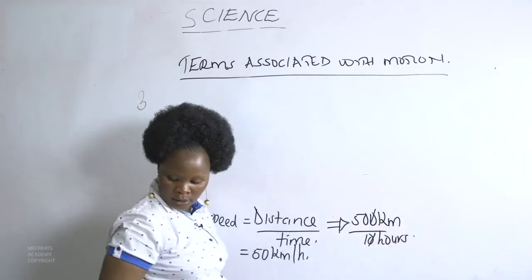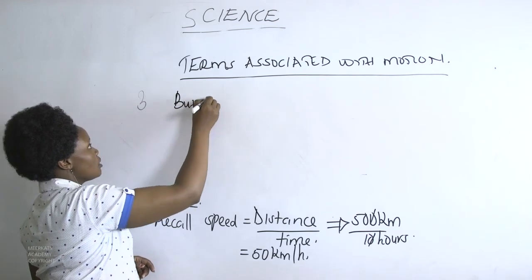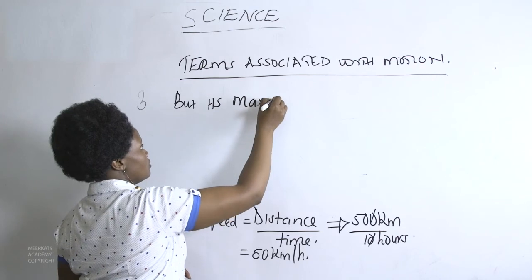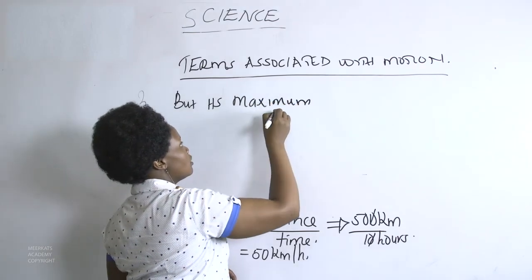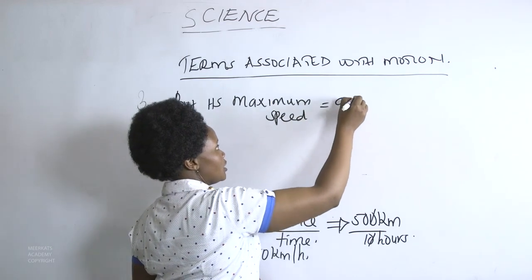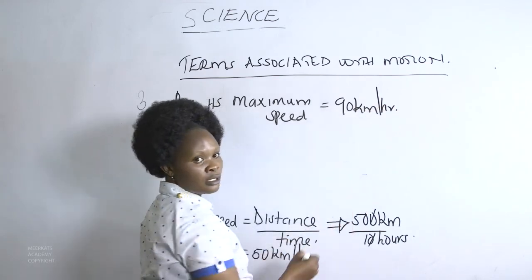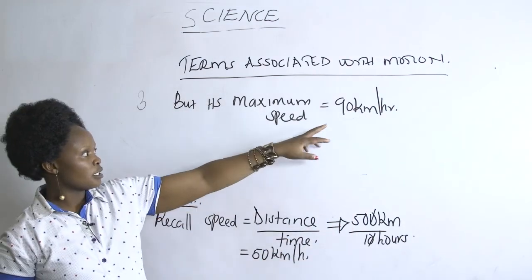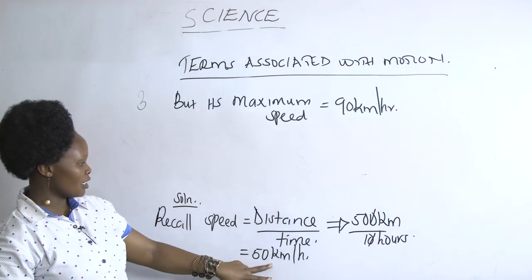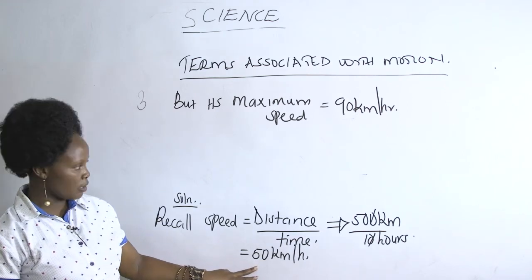But again, we've been told that its maximum speed is 90 kilometers per hour. Its maximum speed is 90 kilometers per hour, but the train covered the distance at 50 kilometers per hour.